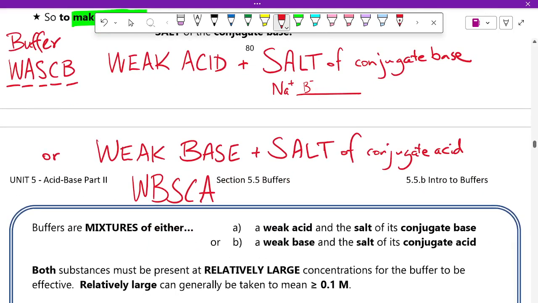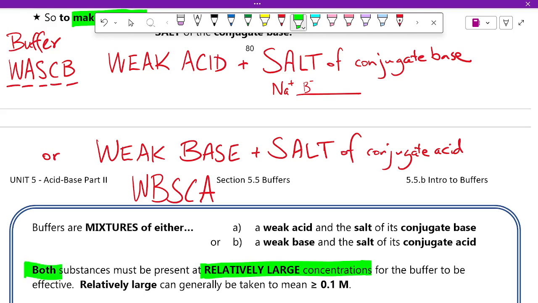So a buffer is either a mixture of a weak acid and the salt of its conjugate base, or a weak base and the salt of its conjugate acid. And you have to have relatively large concentrations of both.